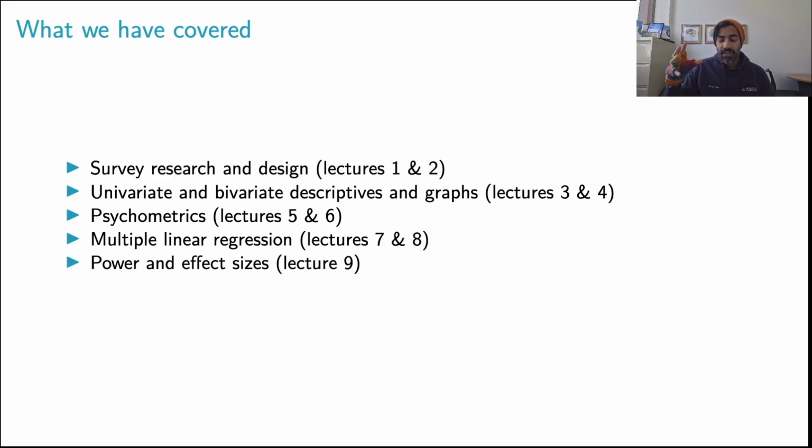There is considered thinking that goes through at every single level, from the question you want to ask, to how you design your survey, to how you probe and investigate the data that you've collected through univariate or bivariate graphs and descriptives, and then building on that through the assumptions for testing the analyses, and then critically understanding and analyzing the results that come out as a function of your analyses, and building upon that with framing it. So really at every single step there's a considered thought process.